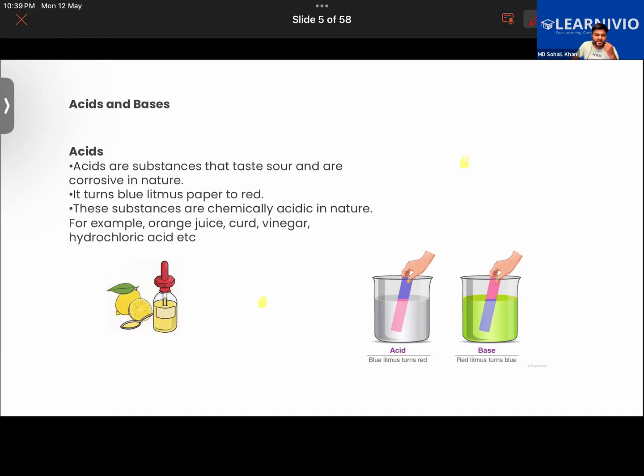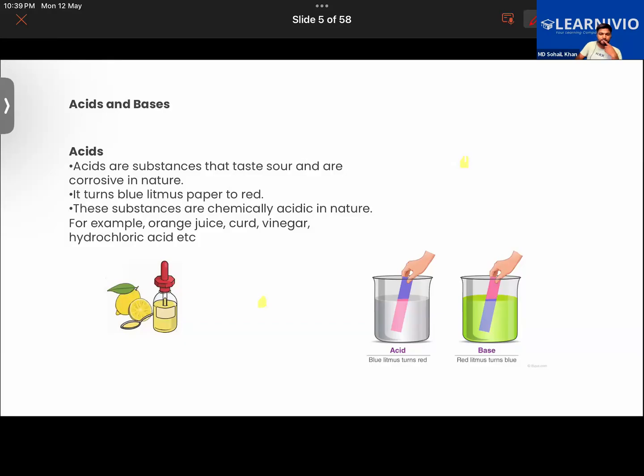Does water have any taste? No, sir. Obviously not. So we can call water neither an acid, nor a base, nor a salt. So there are some substances which cannot be categorized in any of these categories, not a base, not an acid, and not even a salt.